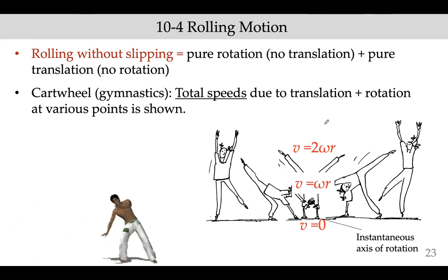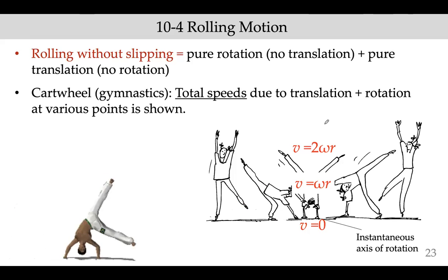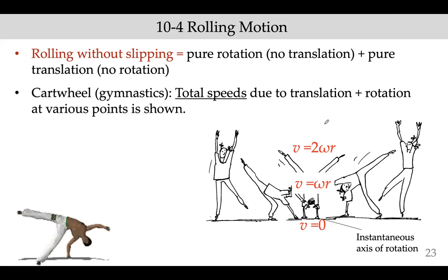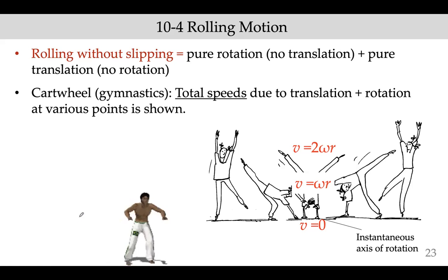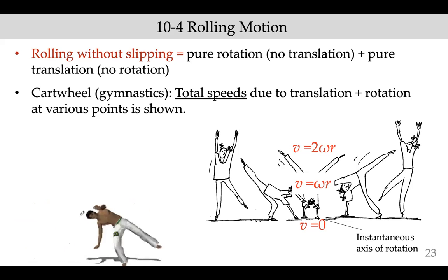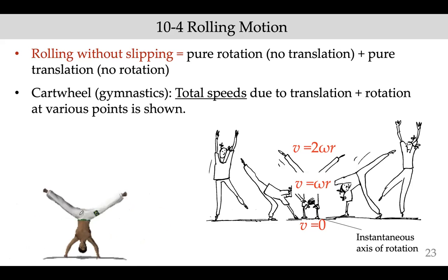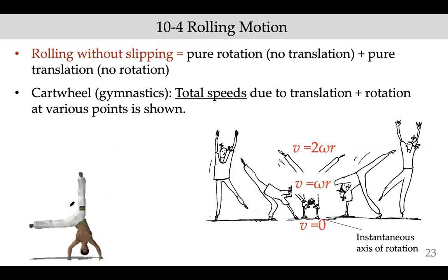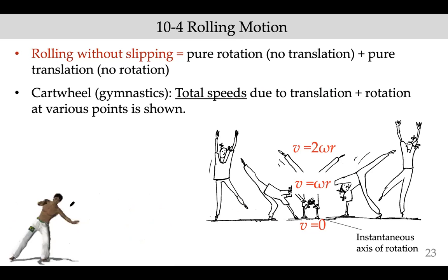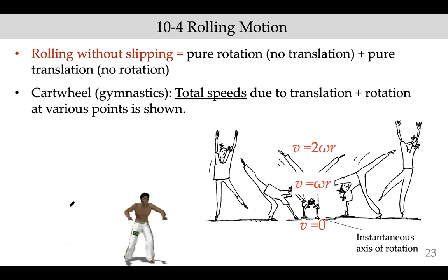Okay, for example, we are going to talk about cartwheel here. Cartwheel is this motion. Now, in the next slide, I will show you the linear velocities, or the total velocities, at different points of the wheel. But before that, let me explain it over cartwheel because it's more transparent.